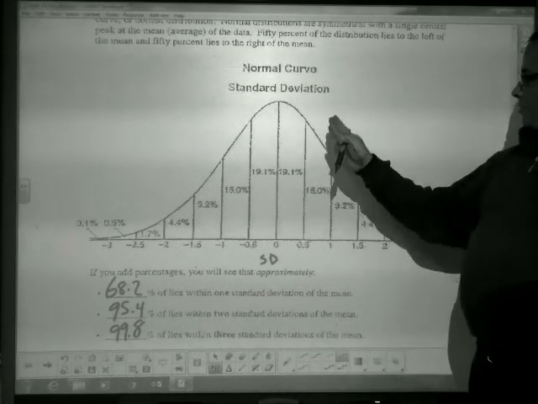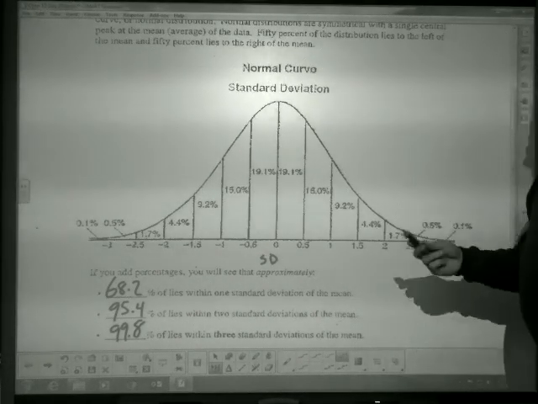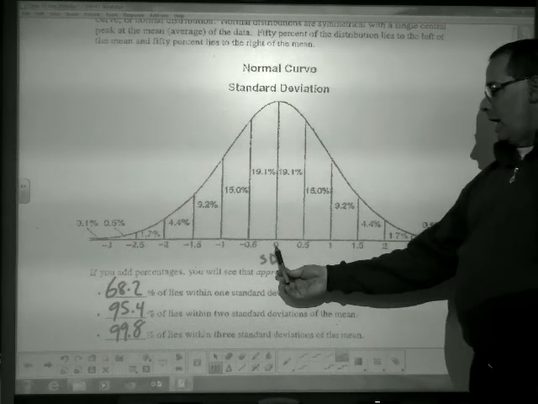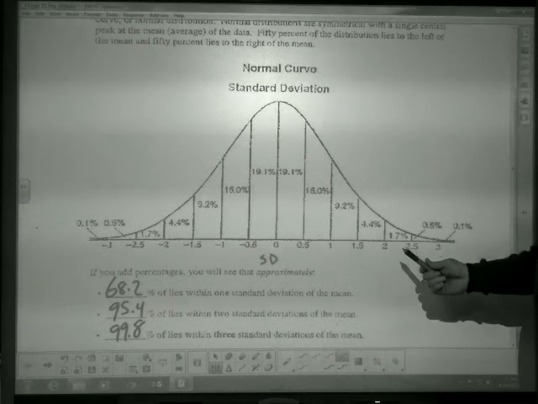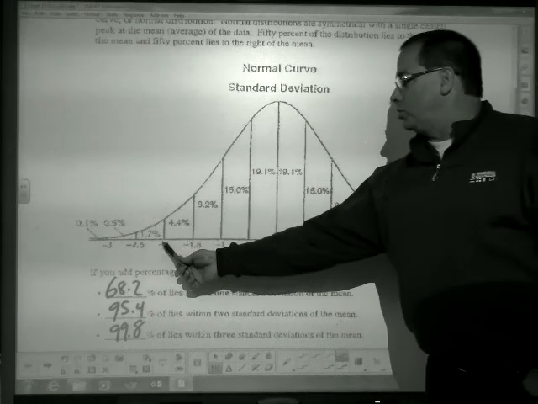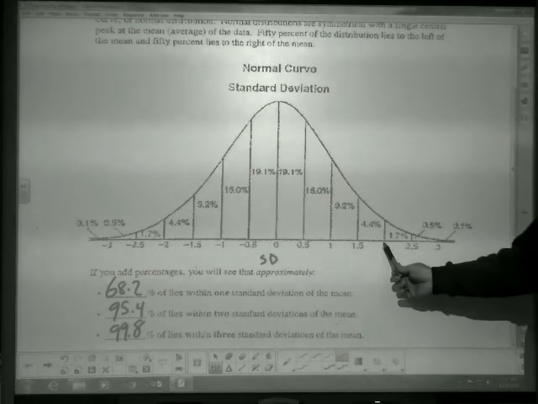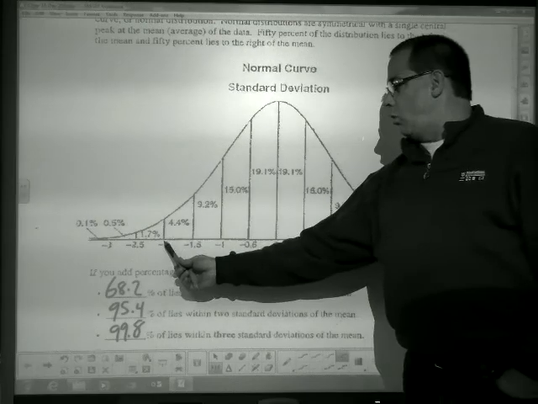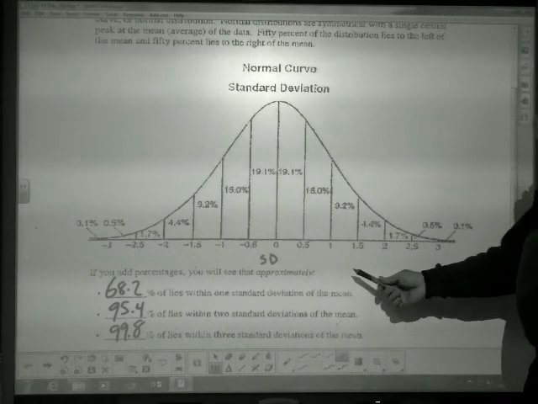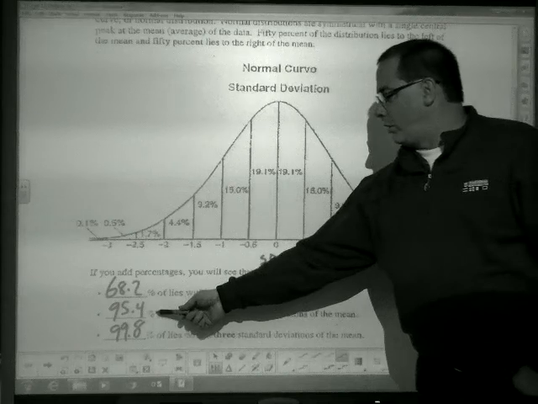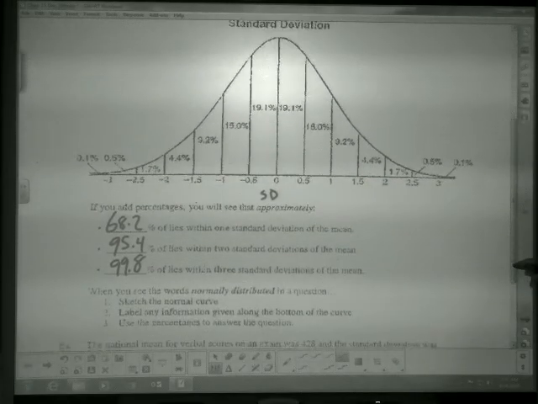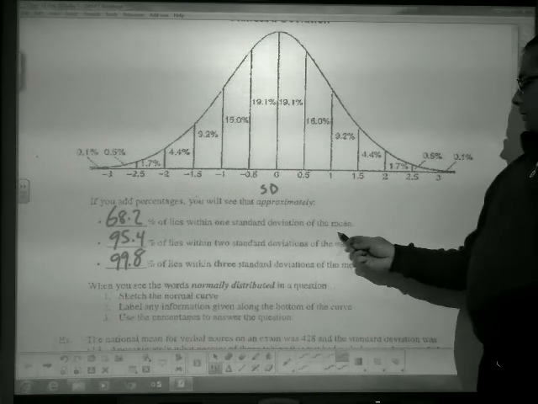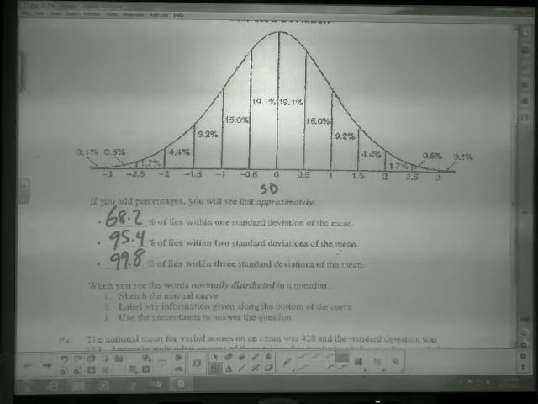Well, the chart is breaking them up into smaller increments, but we can focus for now just on the big numbers like 1, 2, 3, all right? So if I go down 2 and up 2 deviations, then this whole region here is about 95.4% approximately within 2 standard deviations from the mean, okay?